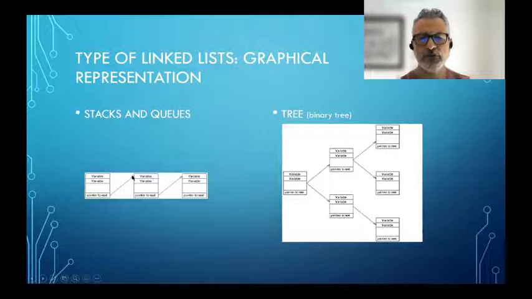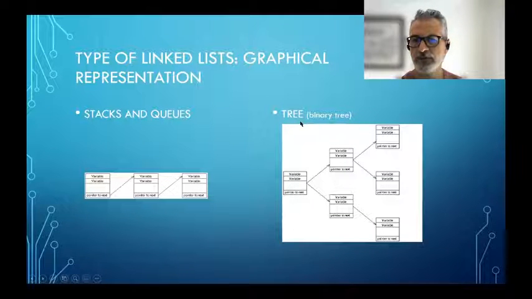Okay, stacks and queues. We have our nodes represented by these boxes. Inside the boxes, we have different variables, and at the end, we have a pointer to the next box. If we manage a stack or queue, the representation is linear because it's a sequence, one box after another box.